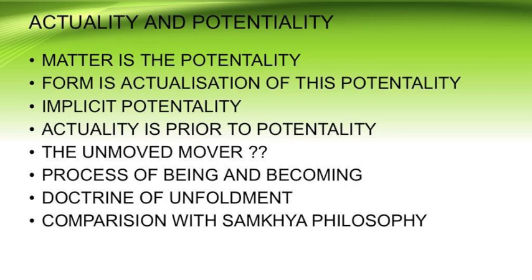So actuality is prior to potentiality, right? According to Aristotle, all things in the world can be arranged in hierarchical order. In this order, one class may be matter in relation to the other, that is form, right? I hope you are getting what I meant to say by actuality and potentiality.